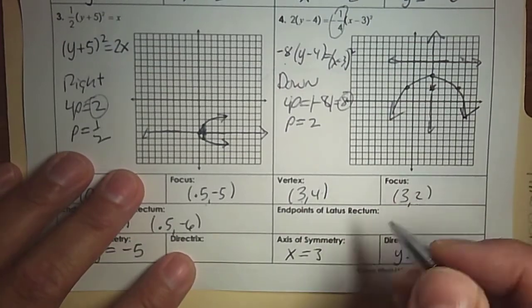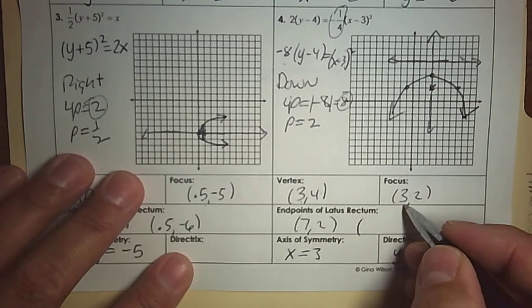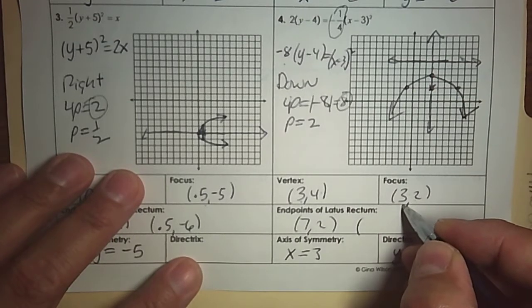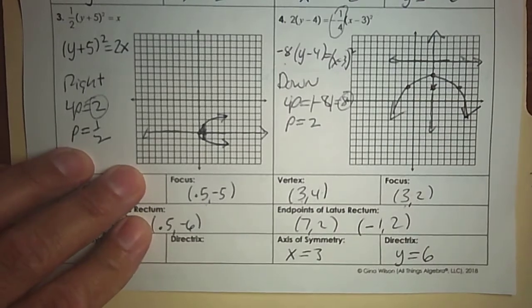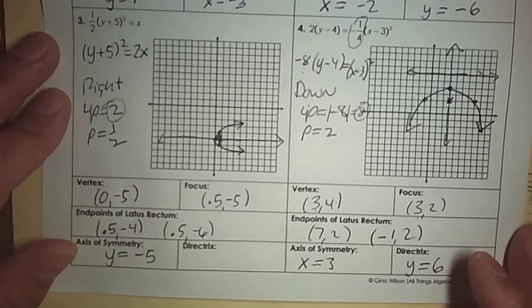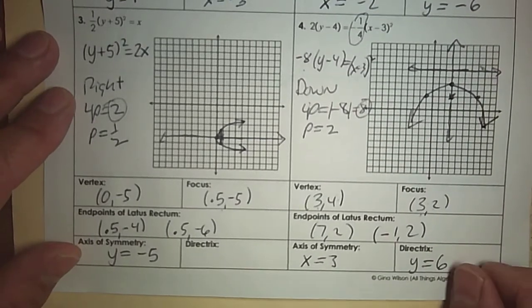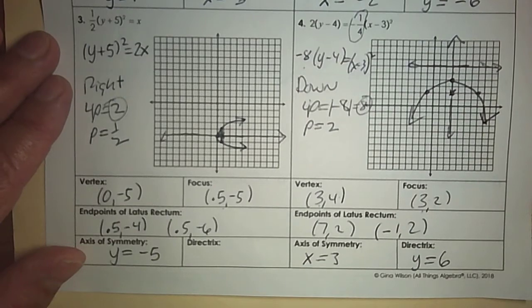So from the focus, 4 to the right would be (7, 2). 4 to the left from the focus would be (-1, 2). And there you go, you're able to analyze a parabola as a conic section with new words like directrix and latus rectum. Focus. Turn the page.